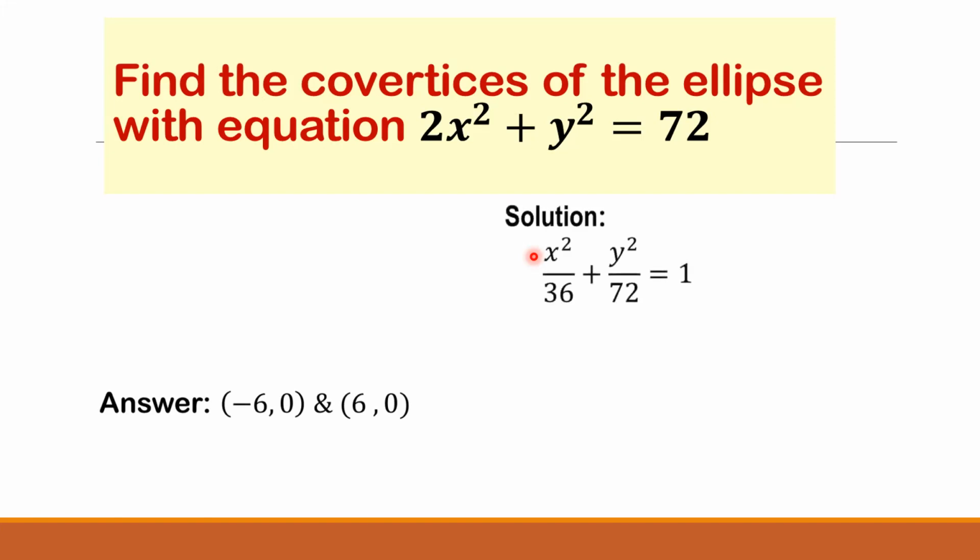For our solution, we divide both sides by 72. We want the right side to be equal to 1. So we have 2 over 72 here, which makes it x squared over 36 na lang, plus y squared over 72. So that means the bigger denominator is under y. So we have a vertical ellipse.